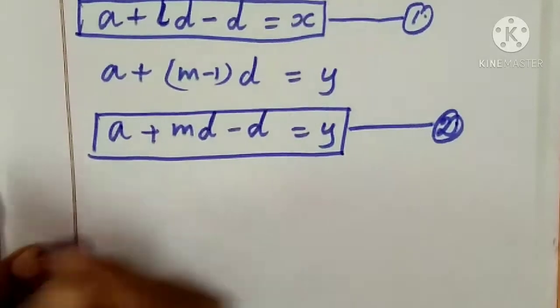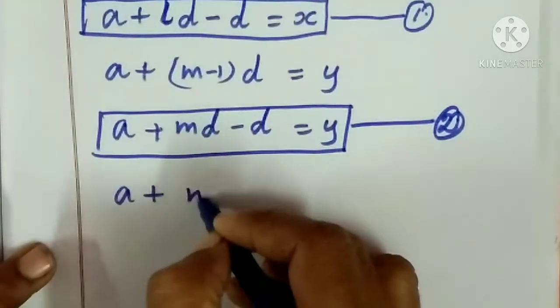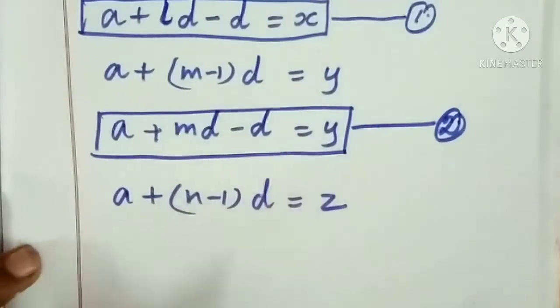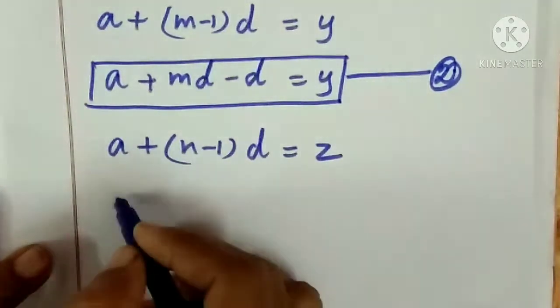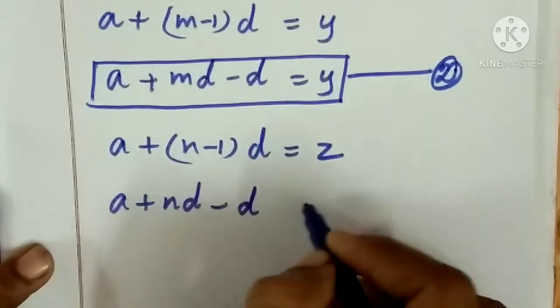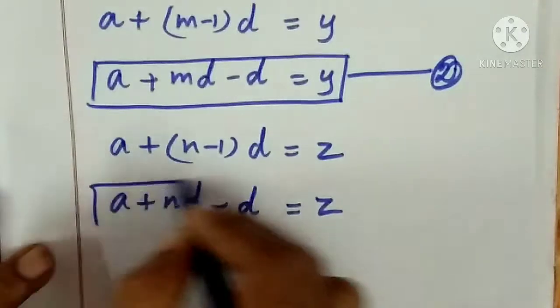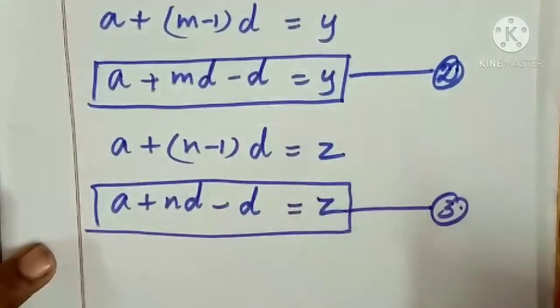Then next given Tn is equal to a plus n minus 1 into d is equal to z. Similarly you simplify this, means we get a plus nd minus d is equal to z. This one you take as the third equation.